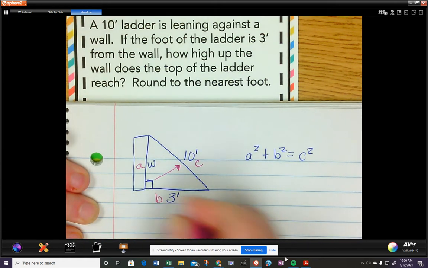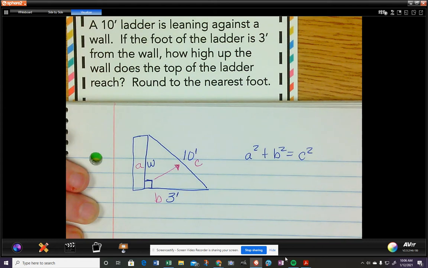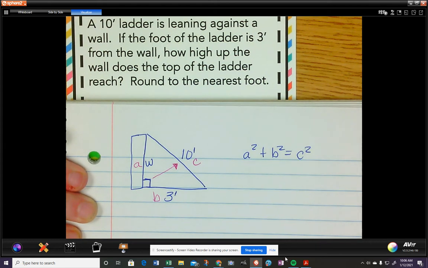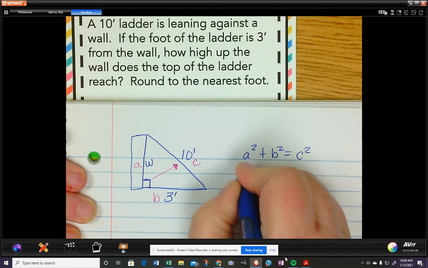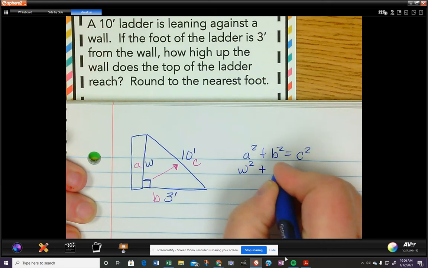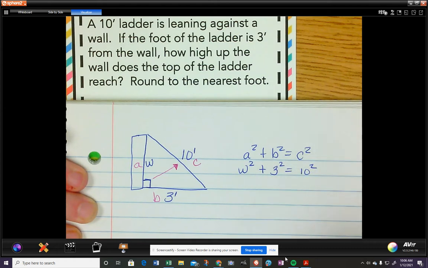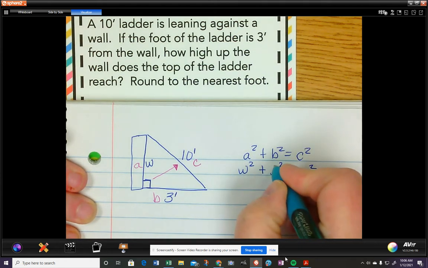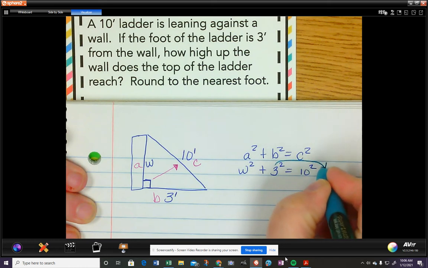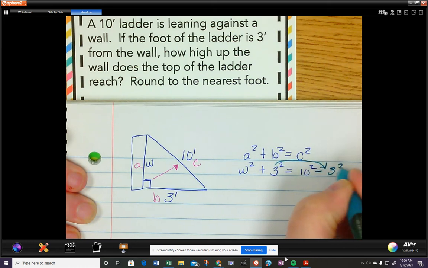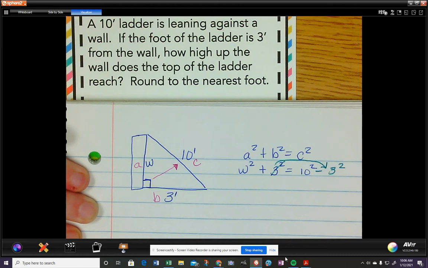This one can be b. So w squared plus 3 squared is equal to 10 squared. I've got to get my w by itself, so I'm going to move the 3 squared over here. So minus 3 squared. And that takes care of that.